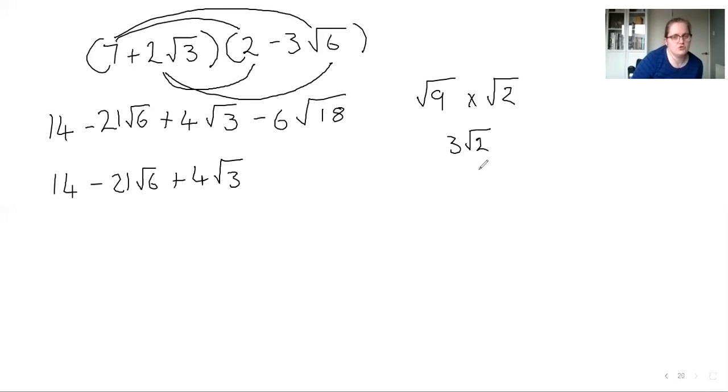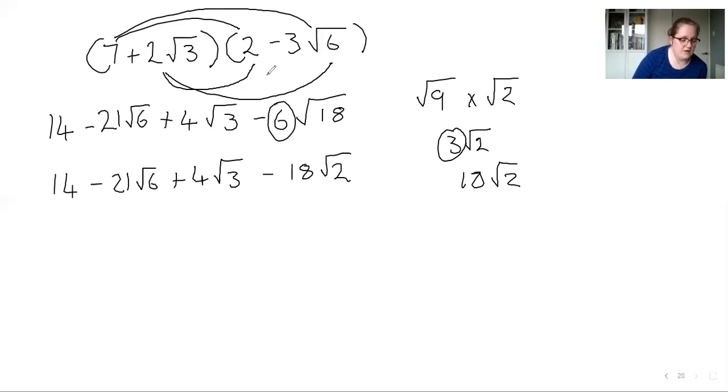But we have to do 6 multiply by 3, because obviously we have those 2 integers here in play. So we have this integer in play and this integer in play, so we need to multiply those 2 together. So we'll do 6 multiply by 3, which would give us 18. So it would give us 18 root 2. So this would be our final answer.